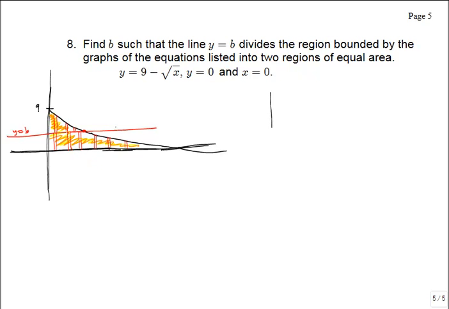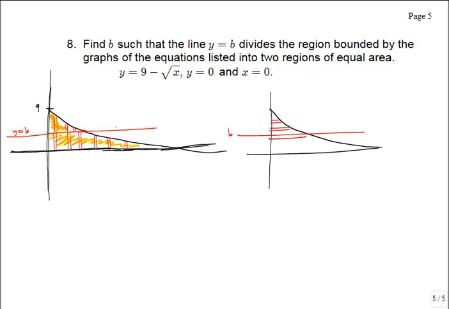So what I'm going to do is see what happens if we draw our sketch so that we go horizontally across. If I take a slice this way, on the right I'm on the curve, on the left the y-axis. So that looks pretty consistent.